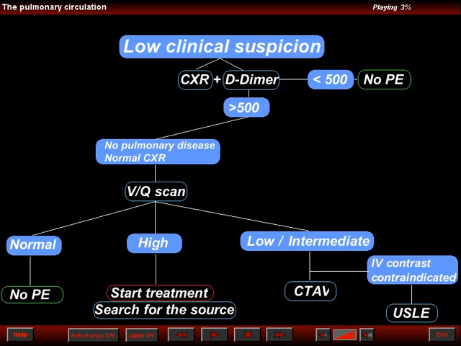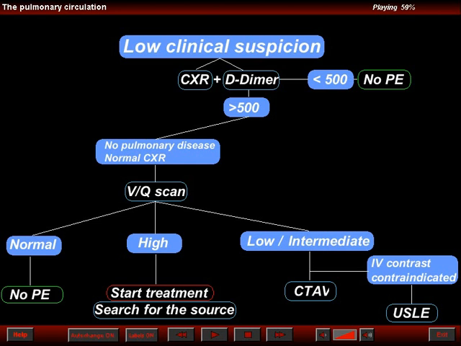In patients without pulmonary disease, that is a negative chest roentgenogram, a ventilation perfusion scan will be considered if the D-dimer test shows a value over 500. The result of the ventilation perfusion test should be normal, high, or low/intermediate. If it is negative, then there is no pulmonary embolism. If there is a high probability of pulmonary thromboembolism, one should start treatment immediately and then search for the source.